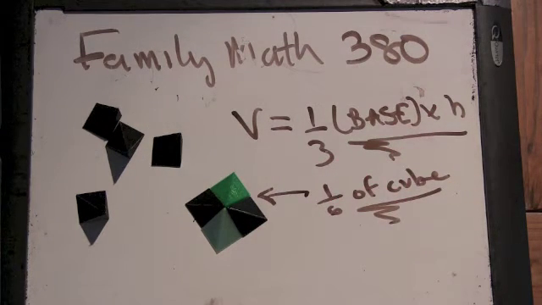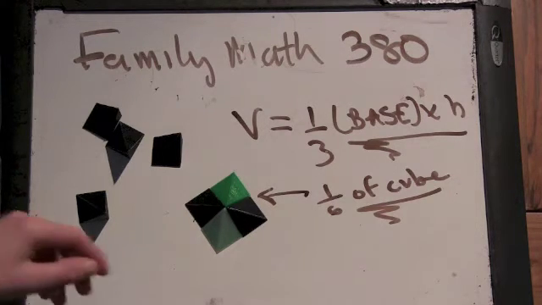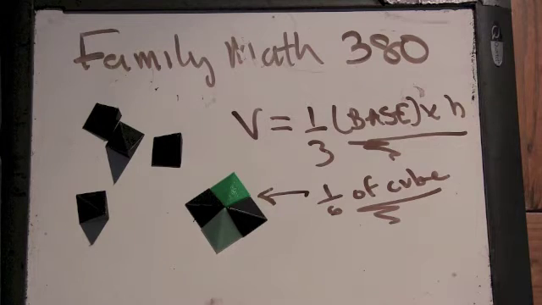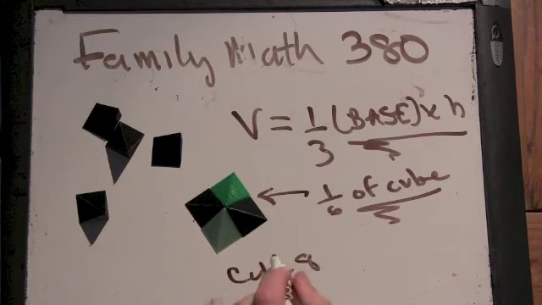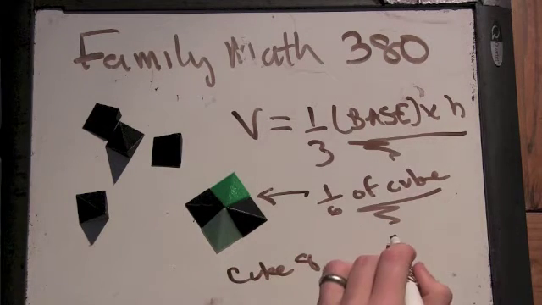We thought the side lengths of the cube were 2, so the volume of the cube would be 8. So the cube is 8. This means this is 8 over 6, which is 4/3.